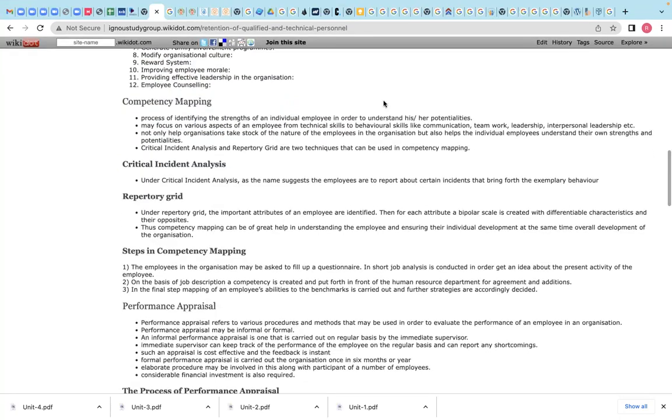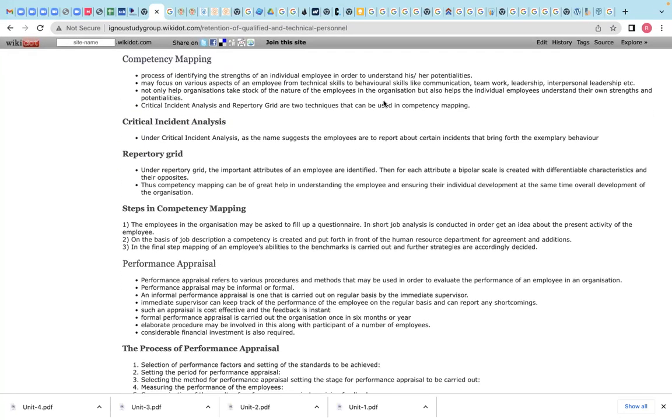It identifies the strengths of an individual employee and maps his potentials and other things, right? It could be technical, it could be behavioral, or whatever it is. This would also give some kind of a mirror to the employee, saying that this is how you are, and he will know his own strengths and potentials.